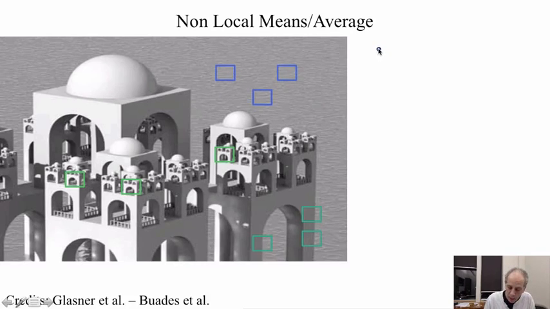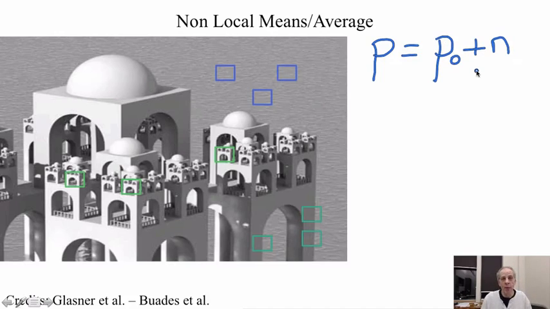Let's assume that we have a certain pixel, let's call it P. That's what we observe. It is the clean pixel plus some noise. But the noise basically is a random variable, so it's always slightly different.